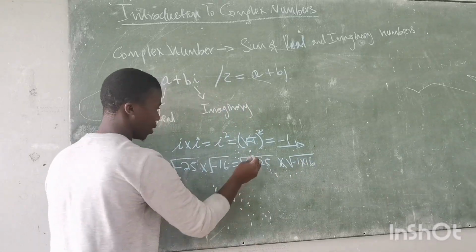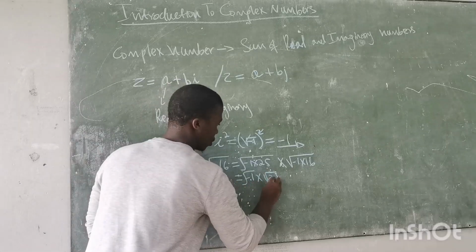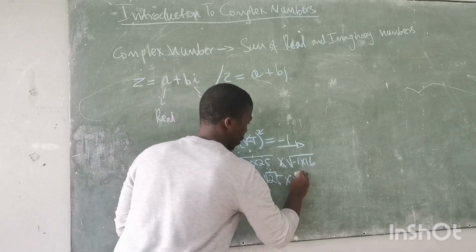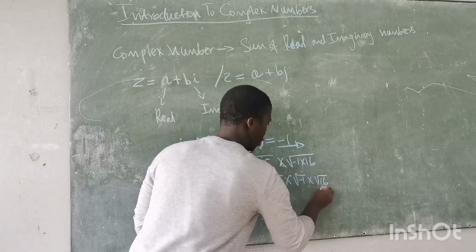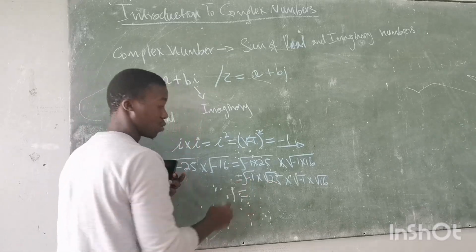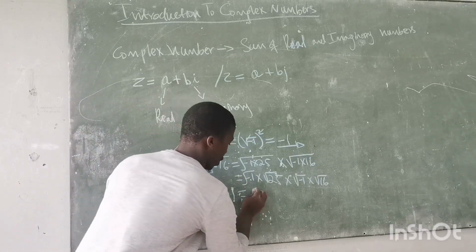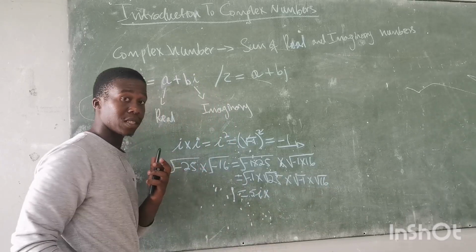Then it's going to be root of negative 1 multiplied by root 25, multiplied by root of negative 1 multiplied by root 16, right? So root 25 is 5 and root of negative 1 is i. So we have 5i multiplied by the square root of 16, which is 4.